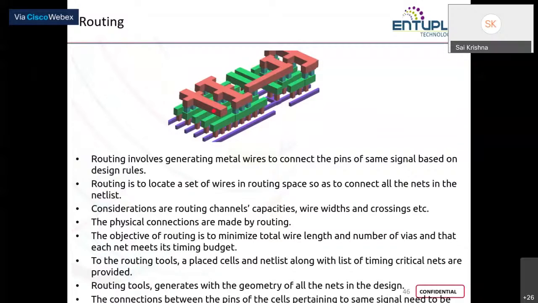Like this, each metal is arranged at a certain height, and there will be vias connecting the gaps between two consecutive metals. This is how a macro or a gate or IOs are routed as per their connectivity.